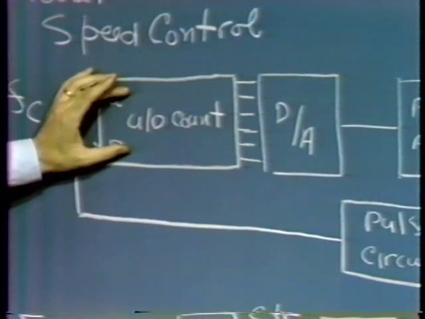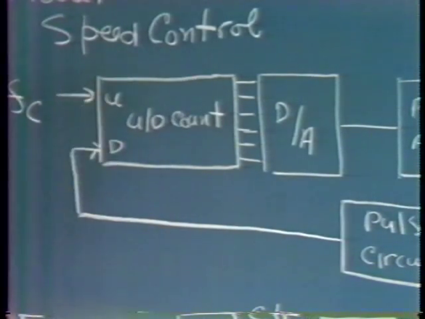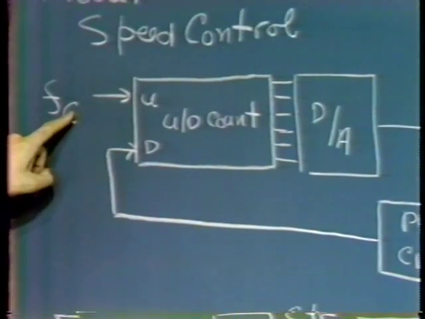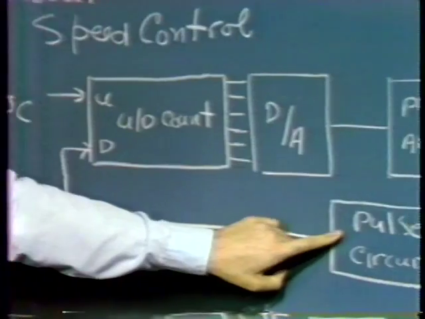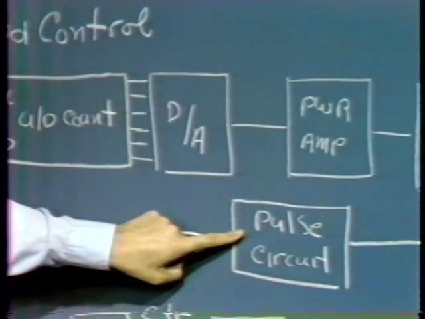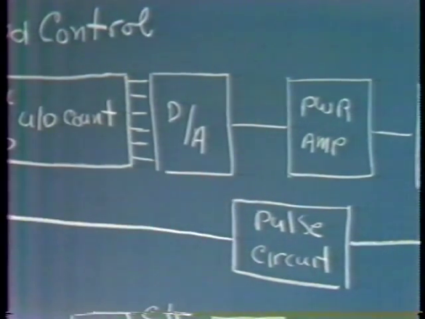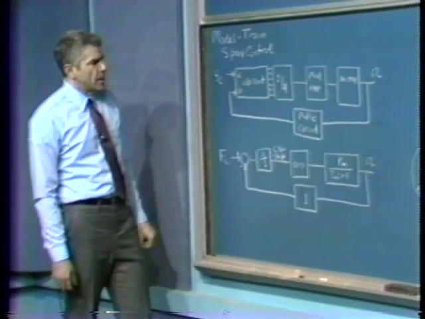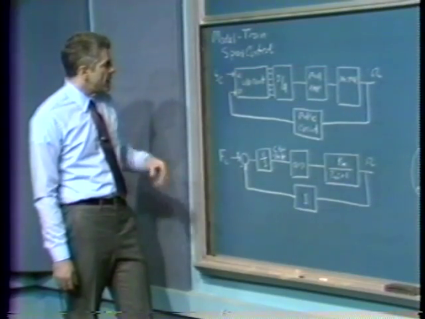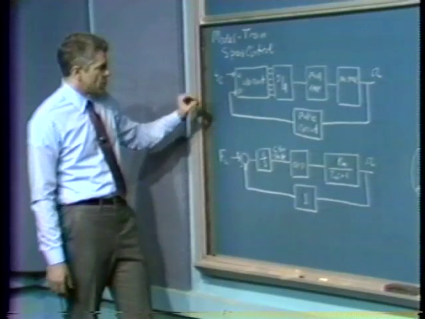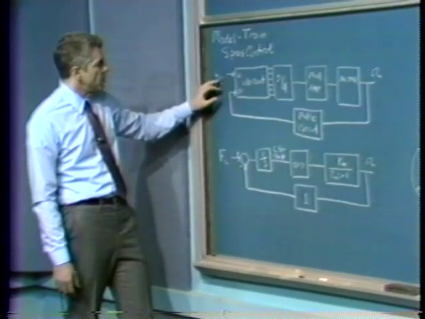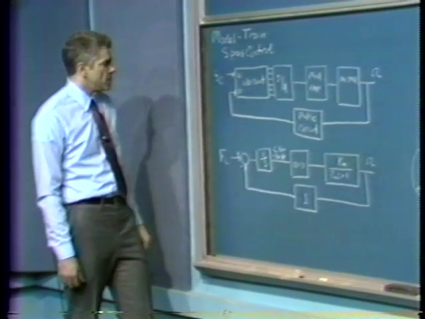The net result is that the number stored in the up-down counter is a measure of the total excess of command pulses over the total number of pulses that I have gotten reflecting motor revolution. Ideally, if the motor had gone exactly the same amount, the correct commanded displacement, if you will, the net count in the up-down counter would be 0.